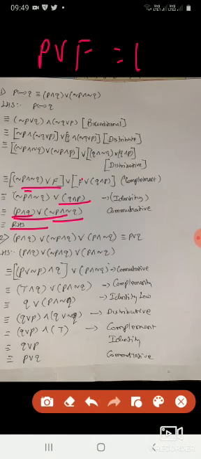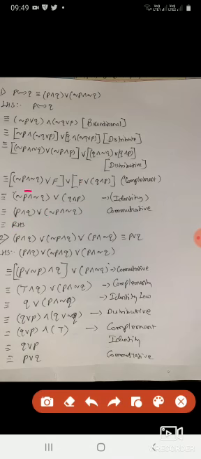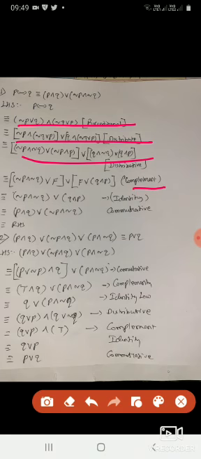So first we open the bracket by using biconditional and distributive law. After that, commutative, any statement and its negation, complement law. So we can prove it.